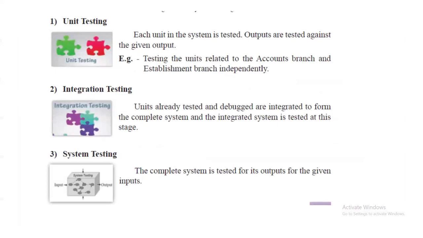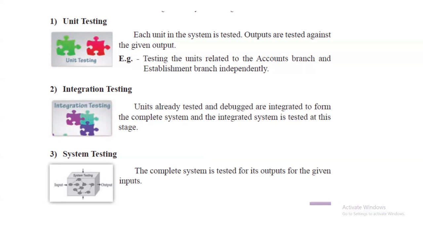Unit testing means you have a very big system, but you can divide it into small units. So in a unit test, you are testing only a unit and seeing the output, right? For example, if we think about a school, registration of students can be considered a unit. So you test that one.